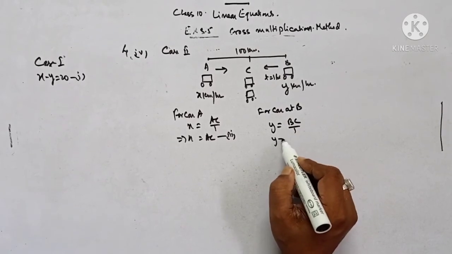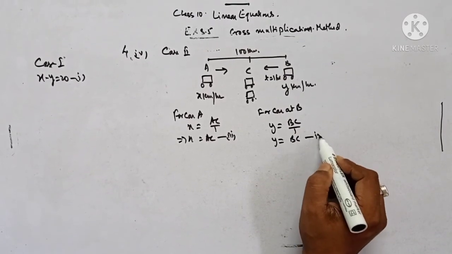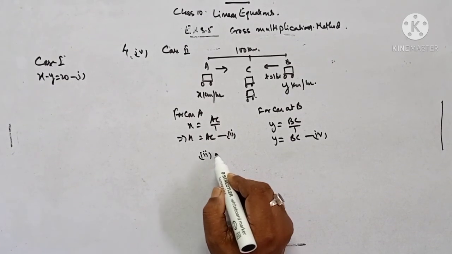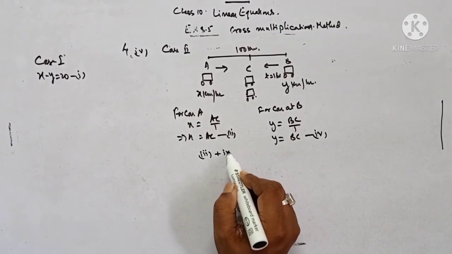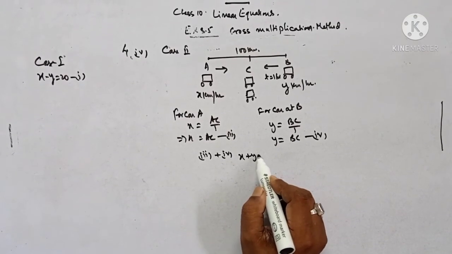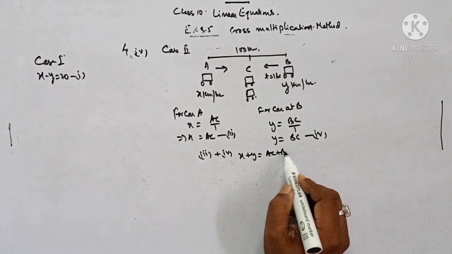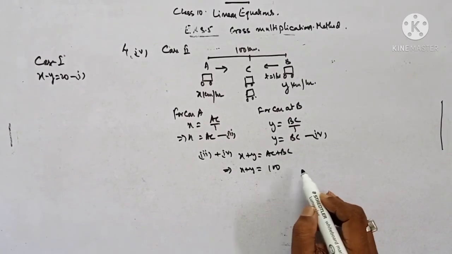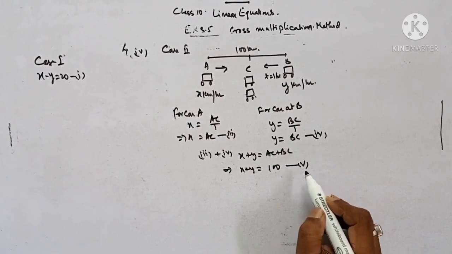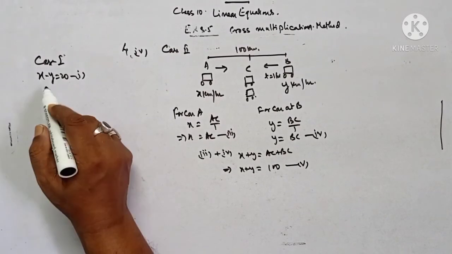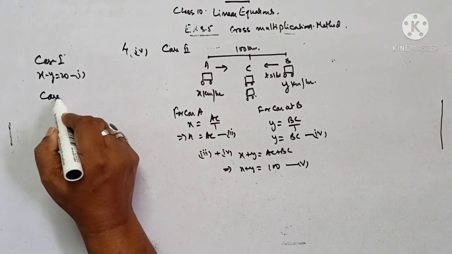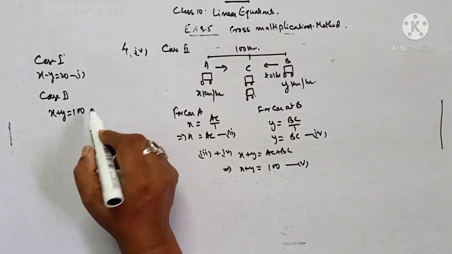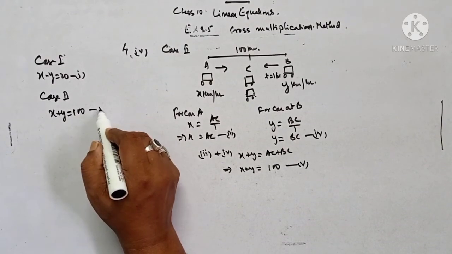So y equal to BC. This is equation 4. So 3 plus 4, we get x plus y is equal to AC plus BC. So x plus y is equal to 100. This is equation 5. From case 2, I got this.